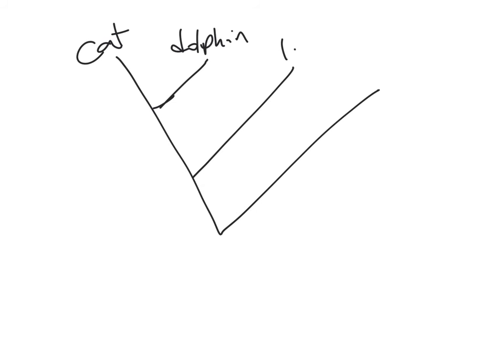Cat, dolphin, lizard, who would be a good outgroup species for that group? A shark, okay. Can it be sharks with laser beams? Okay.